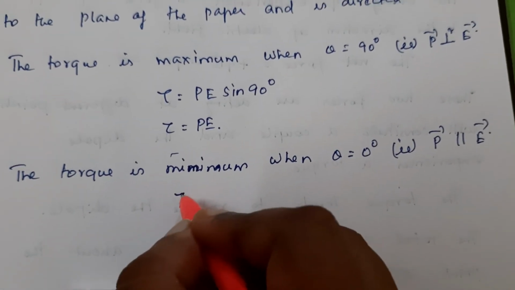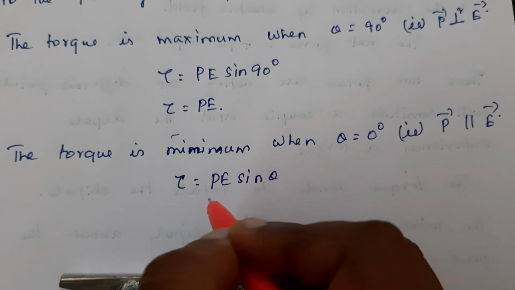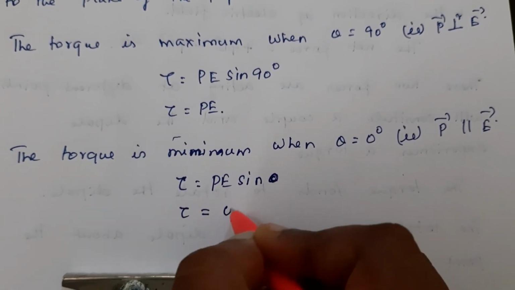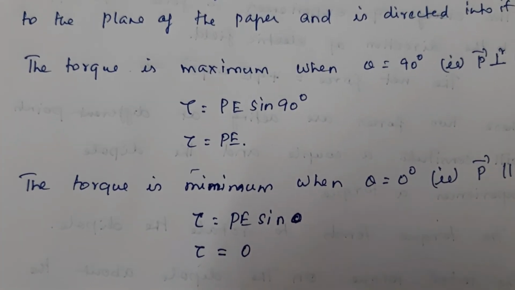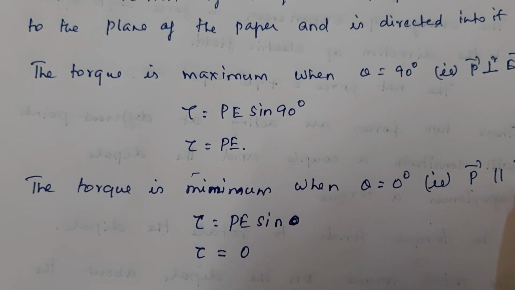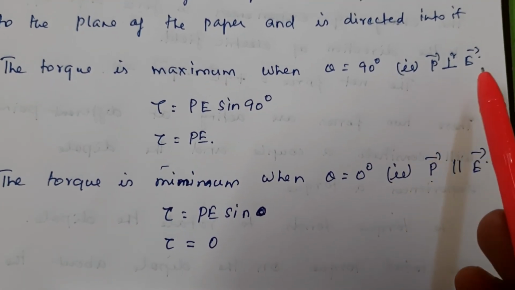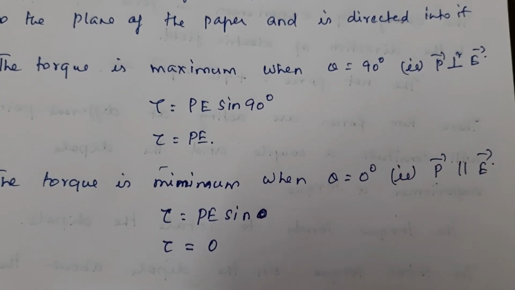Then you can write tau is equal to PE sin 0. What is sin 0? Sin 0 is 0, so tau will become 0. In this case, the dipole is aligned parallel to the electric field. In the earlier case, the dipole is perpendicular to the electric field.